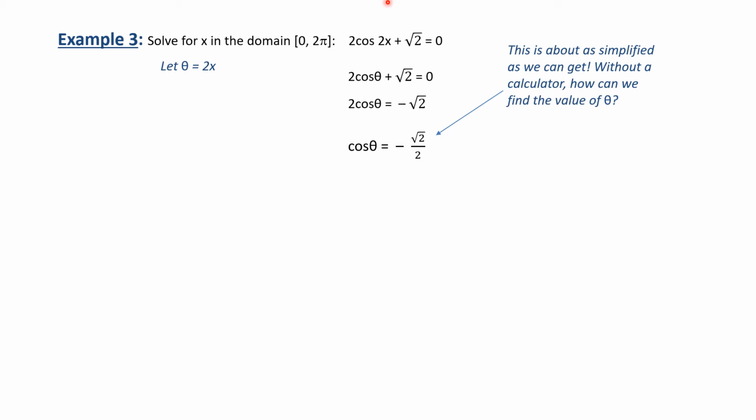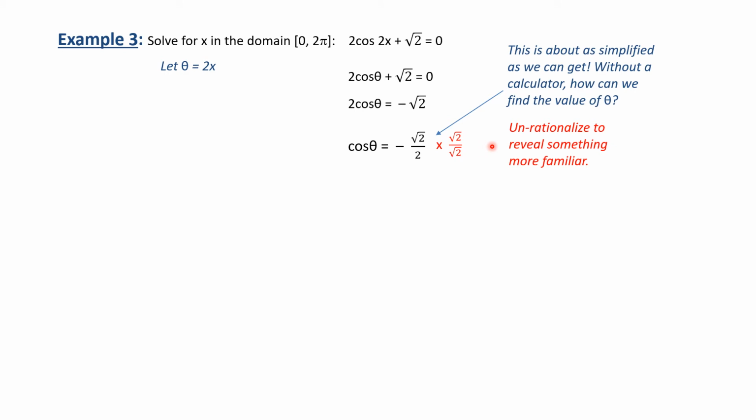How am I going to find a triangle that has an adjacent of root 2 and a hypotenuse of 2? Hopefully some of you are recognizing this as somewhat familiar. We're going to unrationalize. So to unrationalize, I want to get the radical back in the denominator because that's what I'm used to seeing. It's the same process as rationalizing.